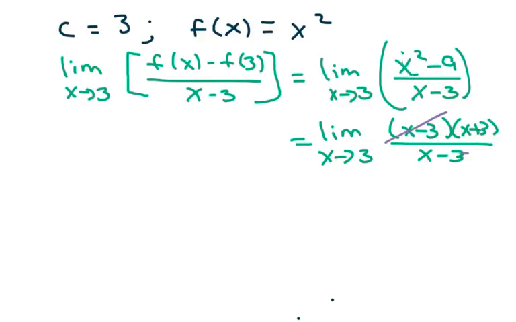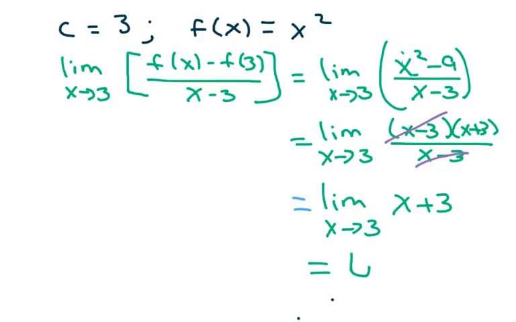These two cancel, so we get the limit as x approaches 3 of x plus 3, and you plug in 3 here and you're going to get 6. Okay, so that's your answer.